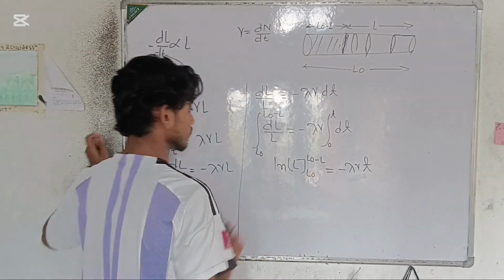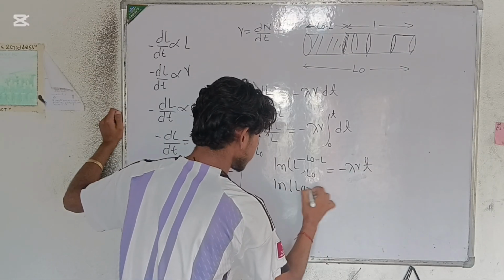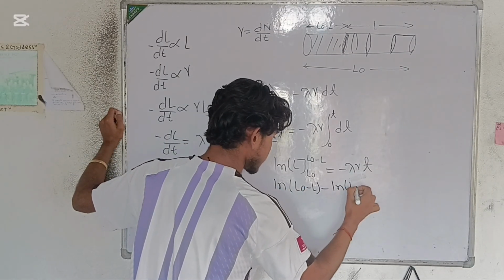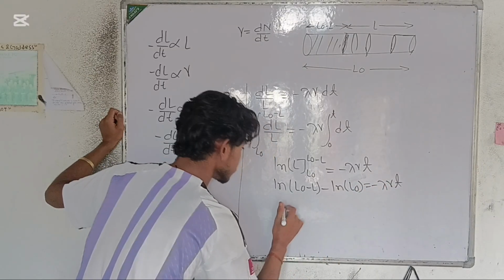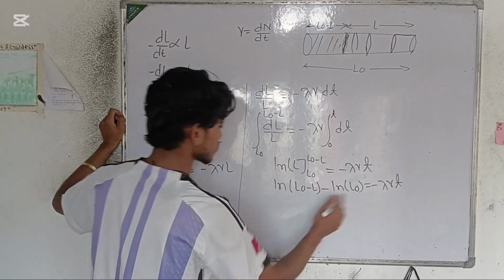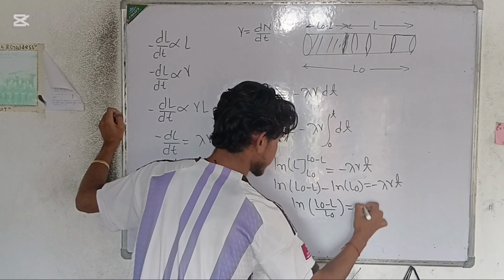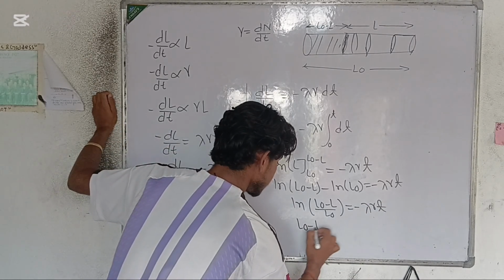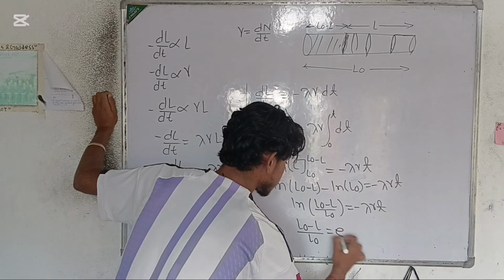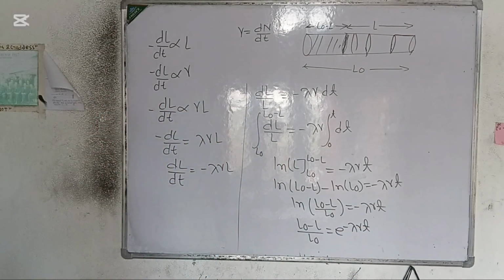So ln(L naught minus L) minus ln L naught is equal to minus lambda rt, and it is in the form of log A minus log B, so it is ln of (L naught minus L) over L naught equal to minus lambda rt. So (L naught minus L) over L naught is equal to exponential negative lambda rt. This would be another form of the same equation.